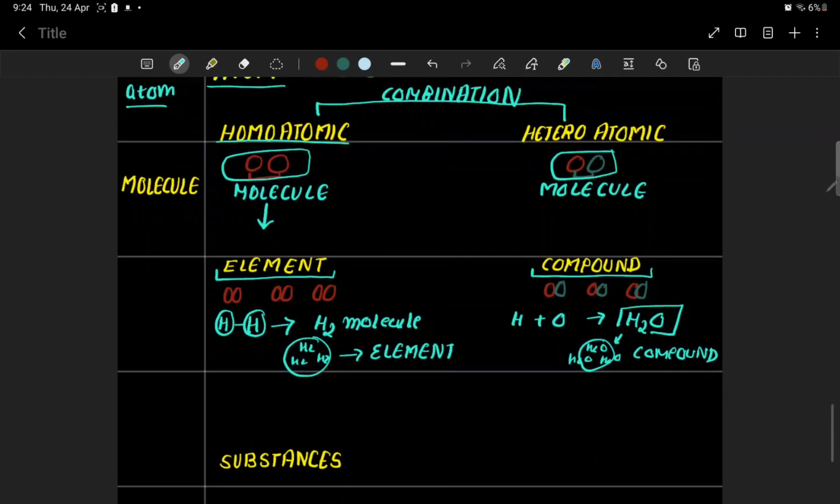Another way of understanding this would be if you have a glass of water, you have H2O compound in it, and when you look into it, you'll find H2O molecules, and when you break that down, you'll get hydrogen and oxygen atoms.